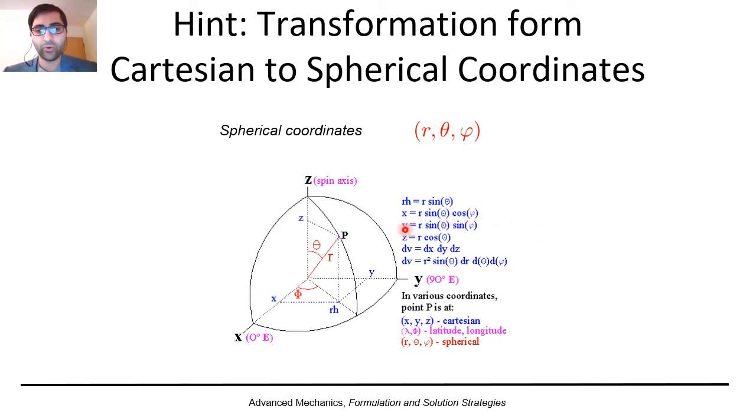In the spherical coordinates, we have polar angle phi and theta, the angle with a spin axis. We can express x, y, and z with respect to r, theta, and phi. And also we can express dV, the volume, in terms of, again, r, theta, and phi.